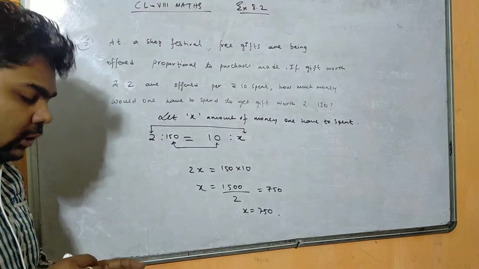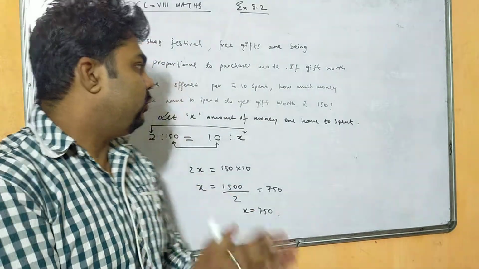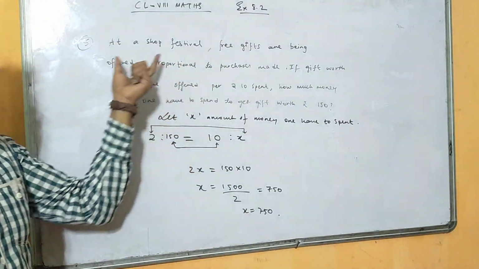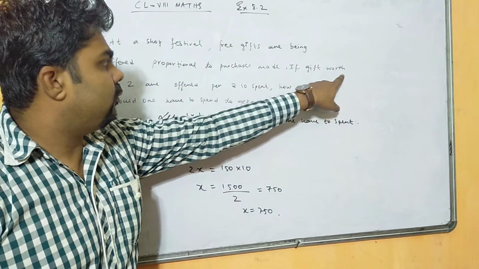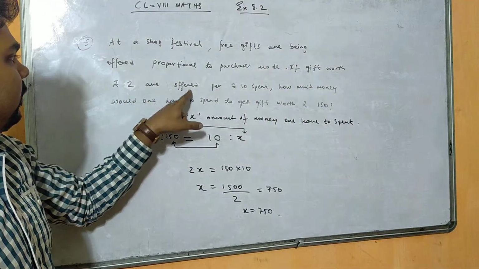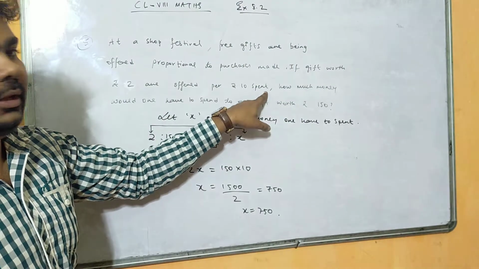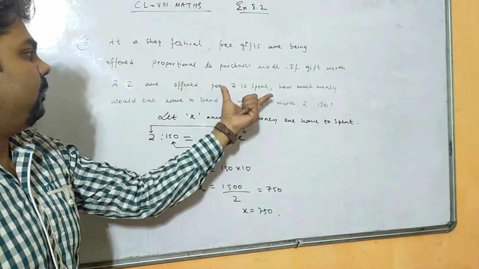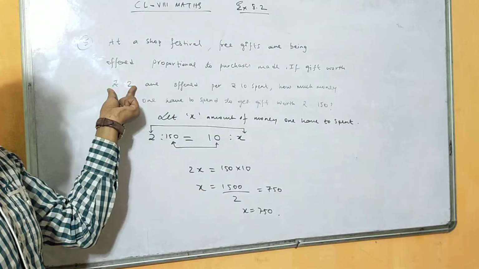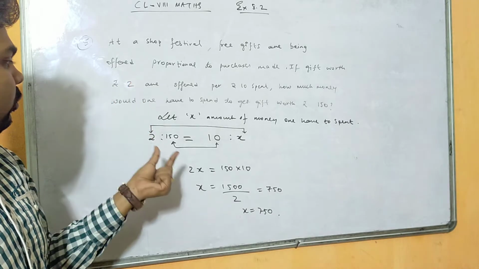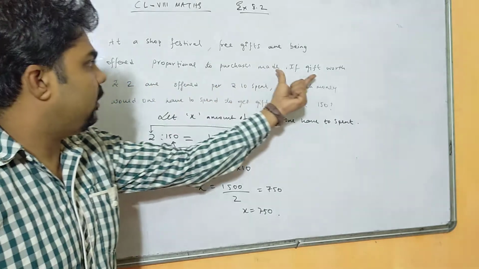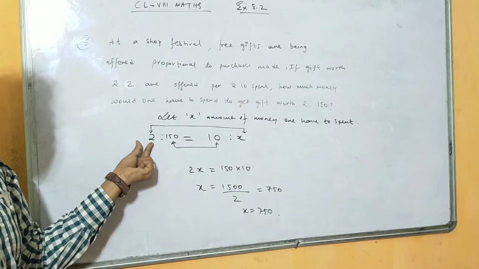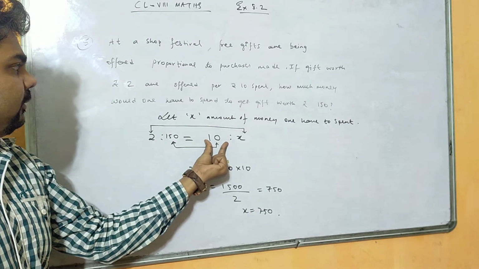All the quantities, this unit should be the same here. In the question it was if a gift worth rupees 2 is offered per rupees 10 spent. That means you are spending rupees 10 but you are getting a gift of rupees 2. So when the gift price is rupees 2, how much are you spending? 10.